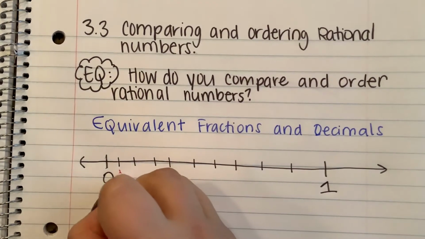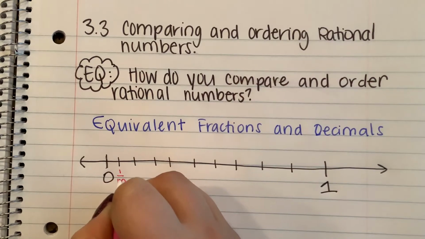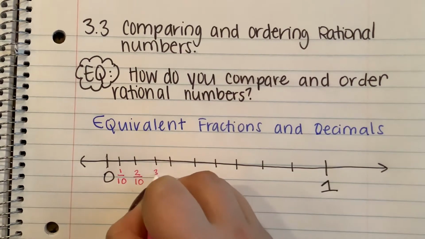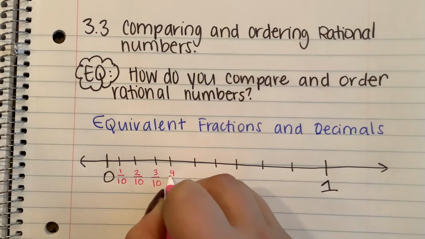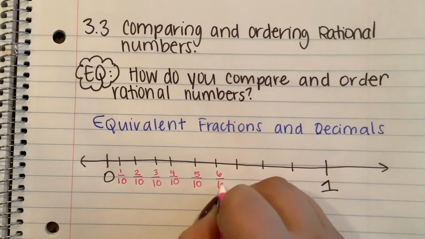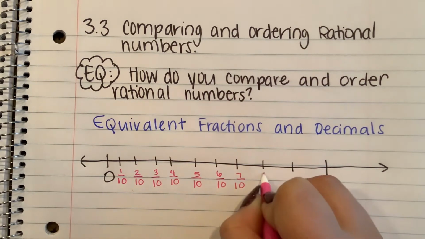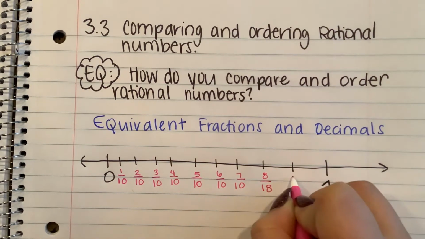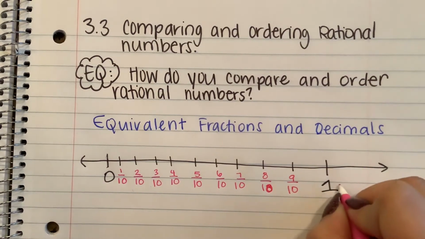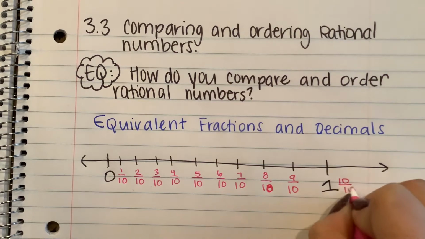So my first one is 1/10. Then I have 2/10, 3/10, 4/10, 5/10, 6/10, 7/10, 8/10, 9/10, and then my 1 is 10/10.